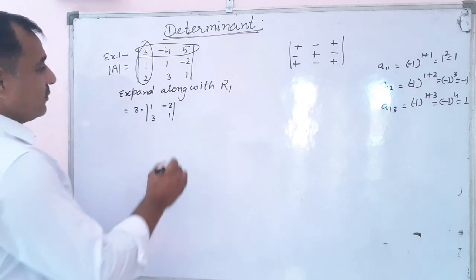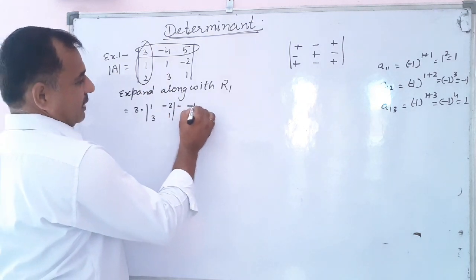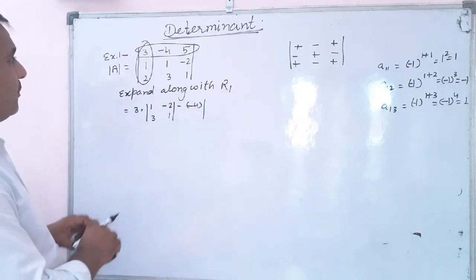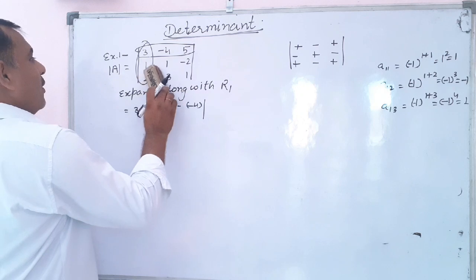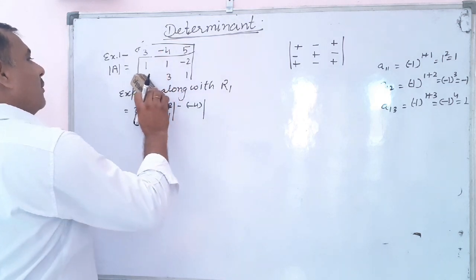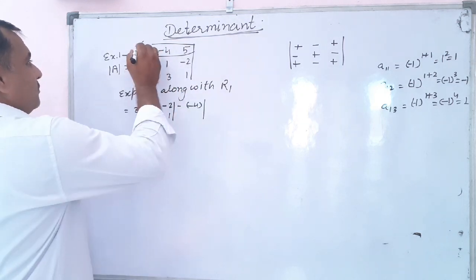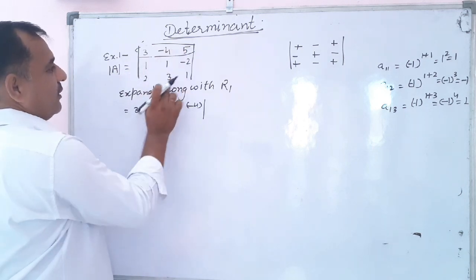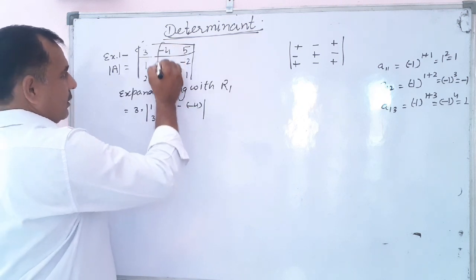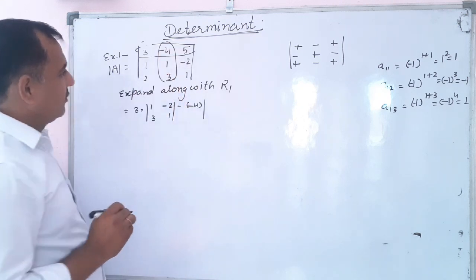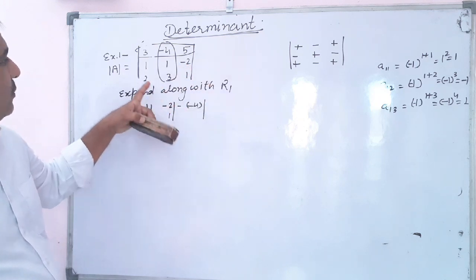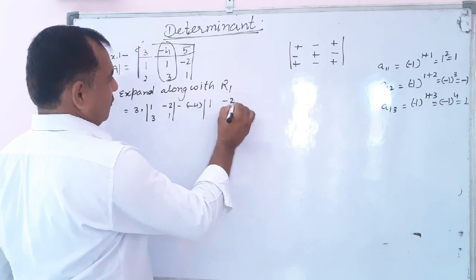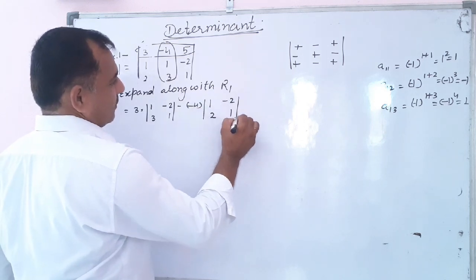The second element is minus 4, the sign is minus, and minus 4 into the determinant where the elements of the first row and second column are eliminated, and the remaining is |1 -2; 2 1|.